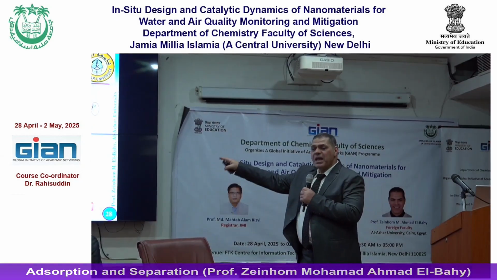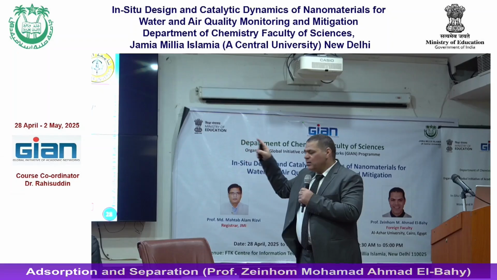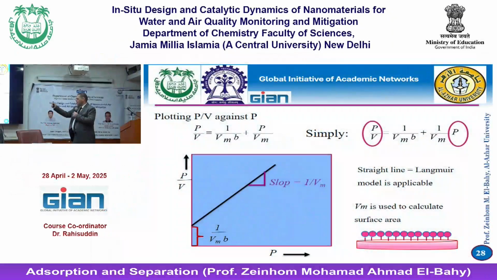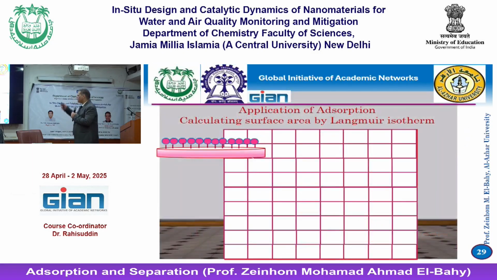If we calculate Vm with some small calculations, we will get to know the surface area of this material. Knowing the surface area is very important for studying many parameters, as we will see in another lecture, inshallah. Of course, this surface has blocks like this.